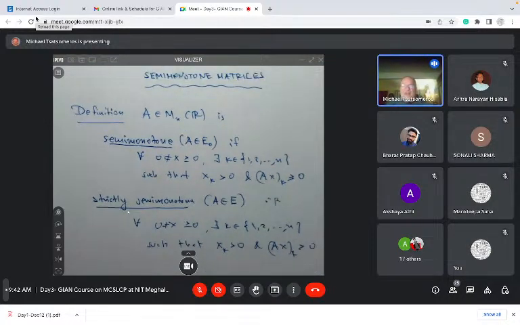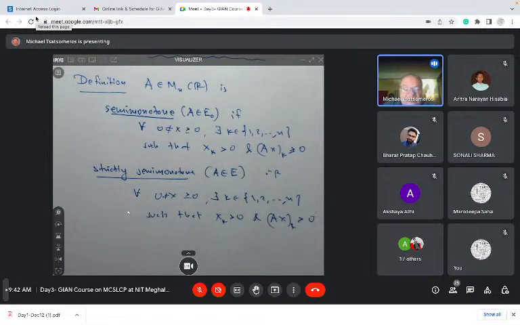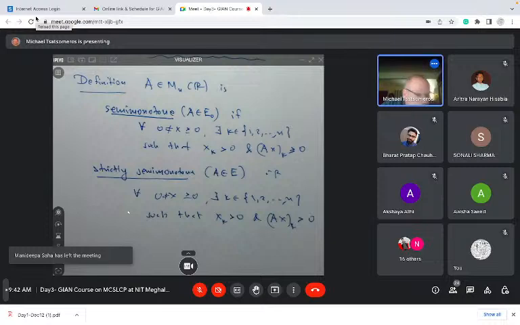So semi-monotonicity allows for a matrix to have a non-negative non-zero vector as a null vector. Strict monotonicity requires that it takes a positive entry to a positive entry for all such vectors X.